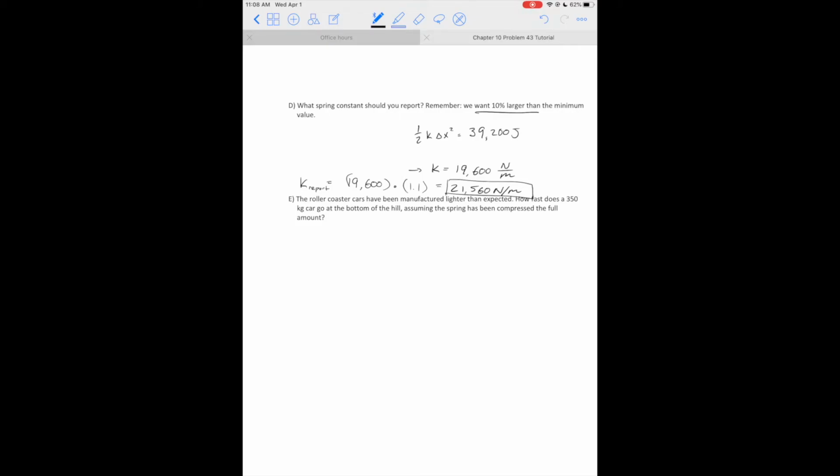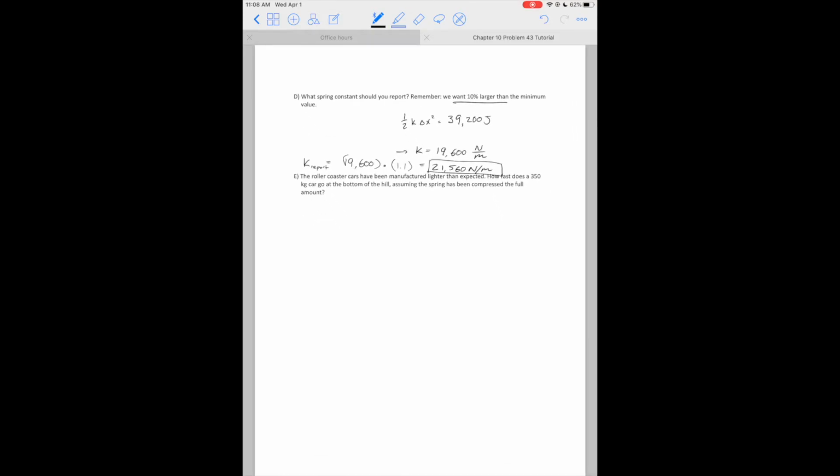The last part: the roller coaster cars have been manufactured lighter than expected. Oh no. How fast does a 350 kilogram car go at the bottom of the hill, assuming the spring has been compressed the full amount? So the funny thing here is we're going to assume that we have a k value that we've reported.